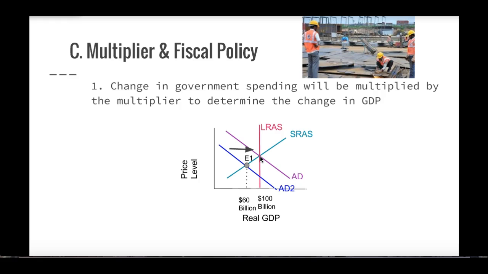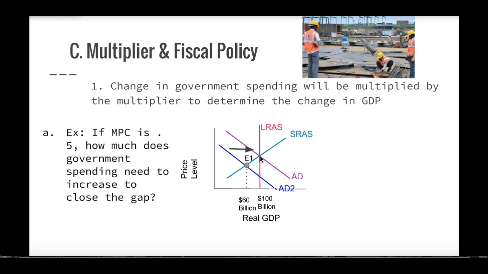The question is, how much should the government increase spending by to close the recessionary gap here? By the way, for some reason this didn't work out right. It was supposed to say the MPC is 0.5, not 5. The point got left on the first line. So if the MPC is 0.5, how much does the government spending need to increase to close the gap?